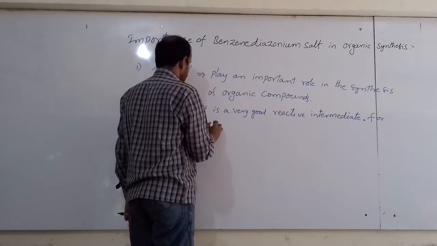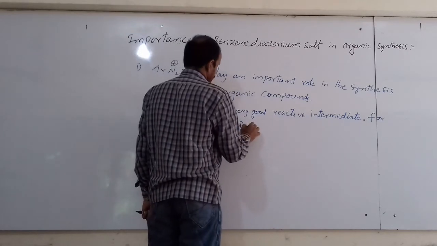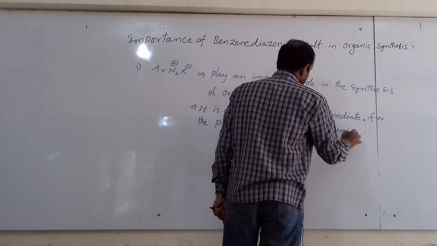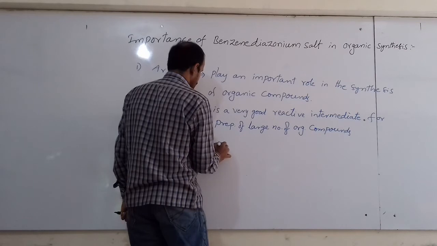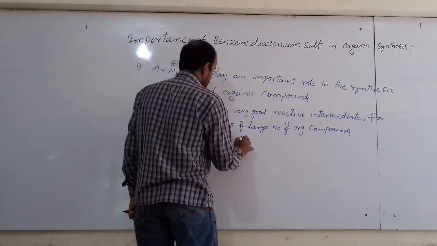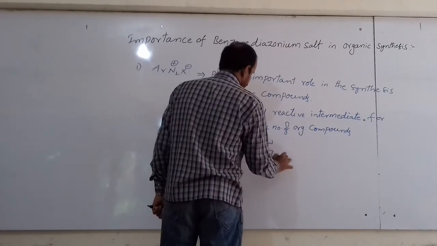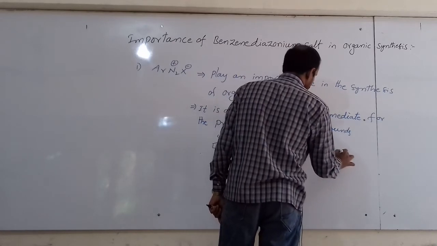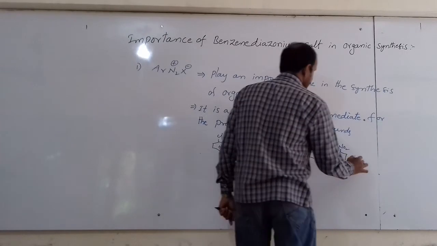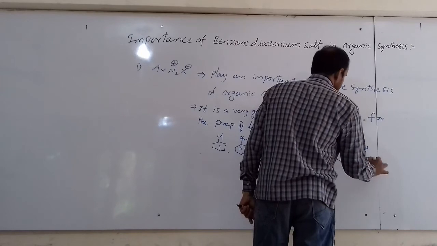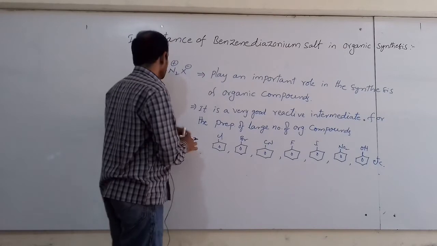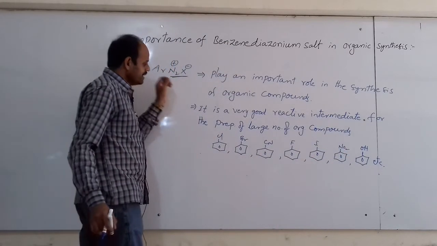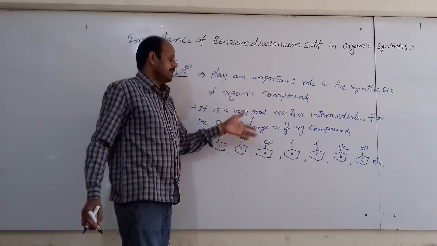For the preparation of a large number of organic compounds, like chlorobenzene or bromobenzene or cyanobenzene or fluorobenzene or iodobenzene, nitrobenzene, phenol, benzene, etc. Thus, this N2X group is easily replaced by Cl, Br, CN, F, NO2, OH, etc. Hence, these benzene diazonium salts are very good reactive intermediates for the preparation of so many organic compounds.